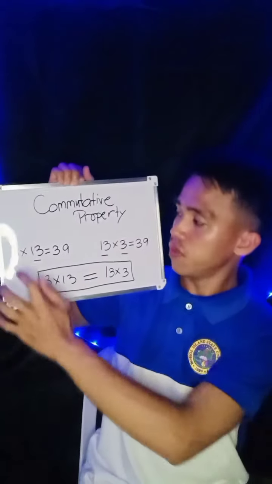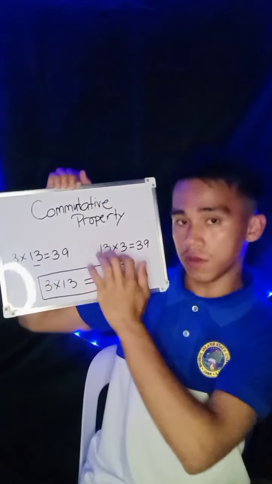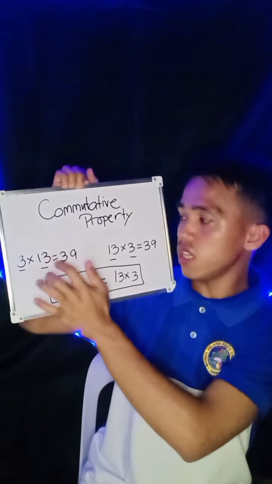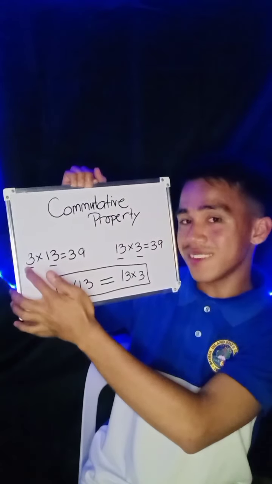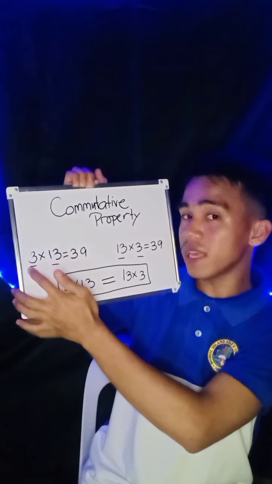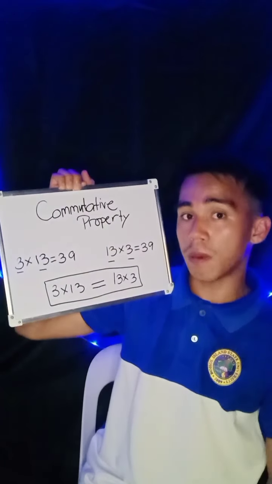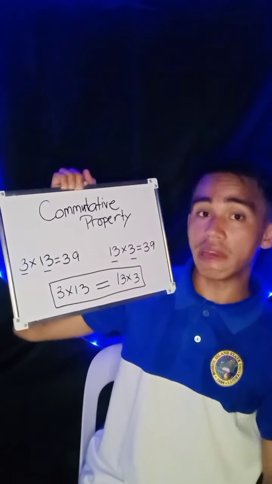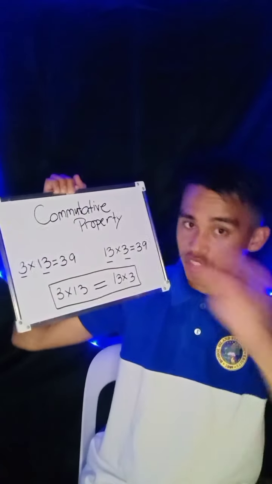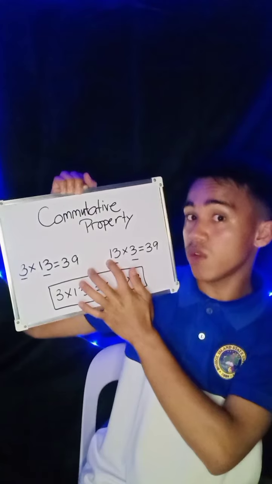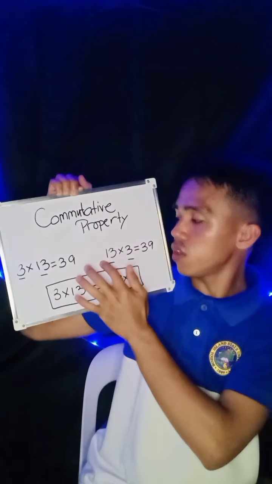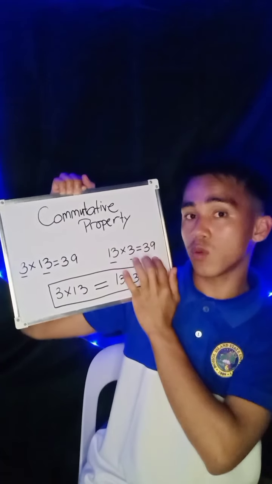Example, we have two examples here. 3 times 13 equals 39. So 3 here is the multiplicand, and 13 is the multiplier, and 39 is the product. And we change the factors. Another example: 13 times 3 is equal to 39.